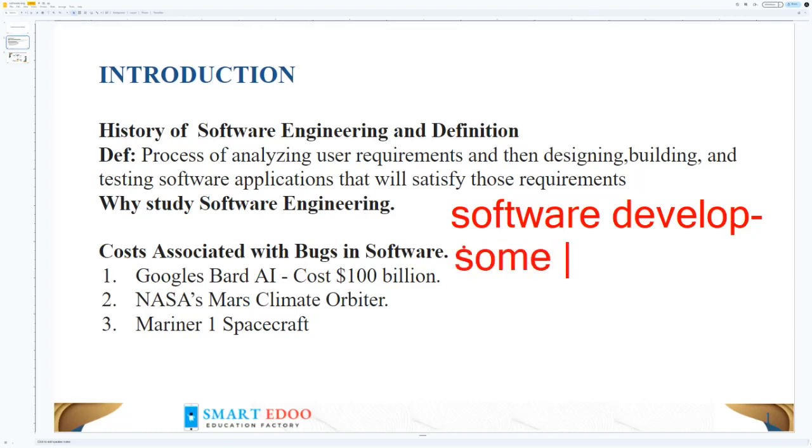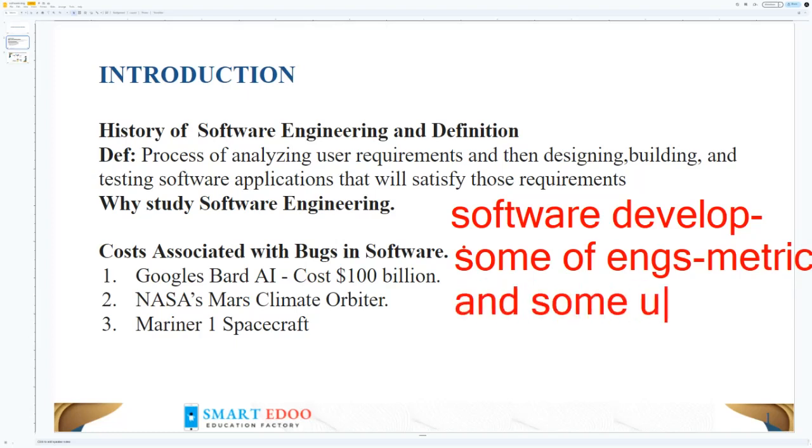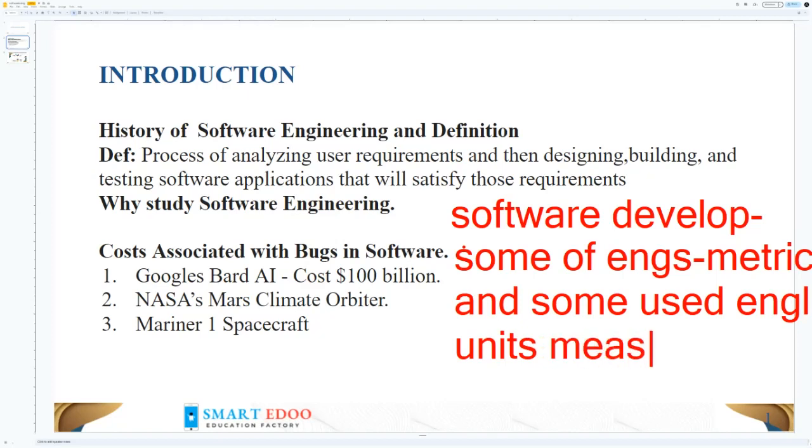Some engineers used metric, and some used English units of measurement. This caused inconsistency in data interpretation in the software, and that's how the orbiter got lost.